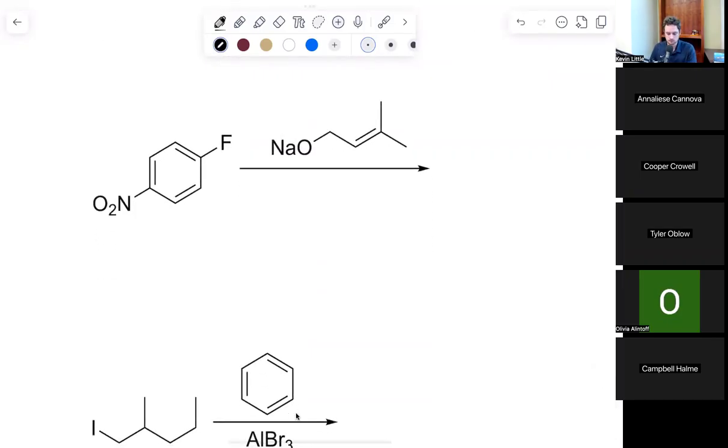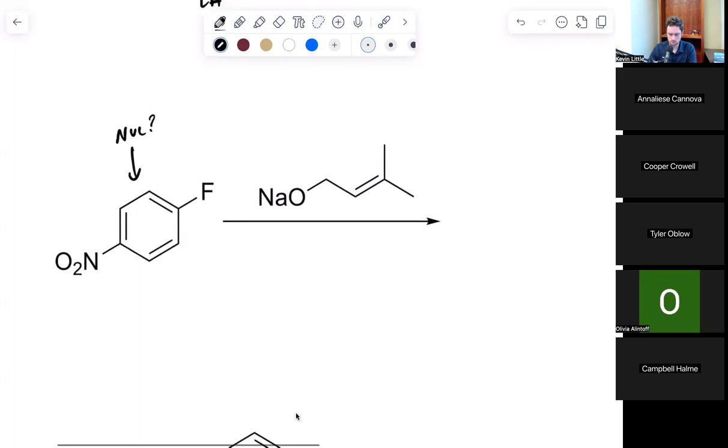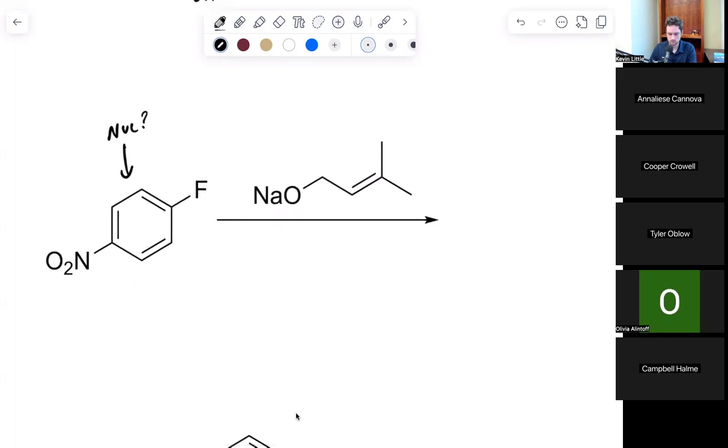Okay. So I've got a benzene. This might be my nucleophile. It's tempting. But then what is it paired with? Chlorine. There's a fluoride on it. But what is this?